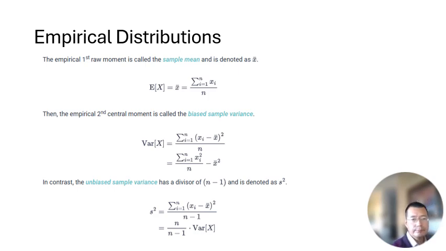This can be confusing, but as a general rule of thumb, if we're talking about empirical distribution, normally we should use the unbiased sample variance, so you use the last formula. But in other cases, if it's not talking about empirical distribution, most likely we'll just use the biased sample variance, the second formula here.